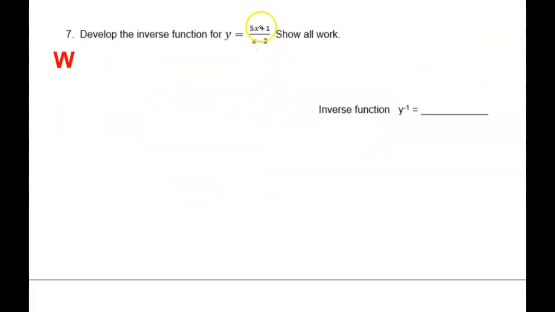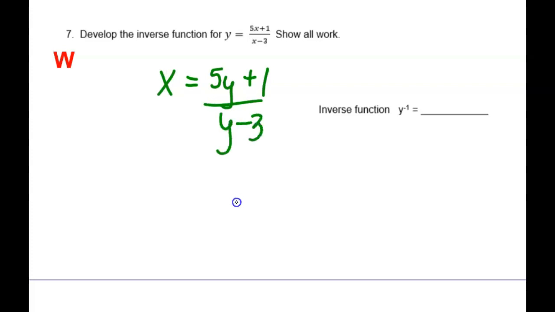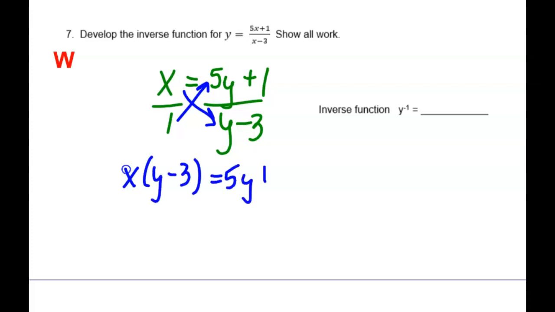All right. Inverse is where you switch the X and the Y's. And then you have to solve for X. On this kind, you have to cross multiply. So we'd have X times Y minus 3 equals 5Y plus 1. We distribute and we get XY minus 3X equals 5Y plus 1.